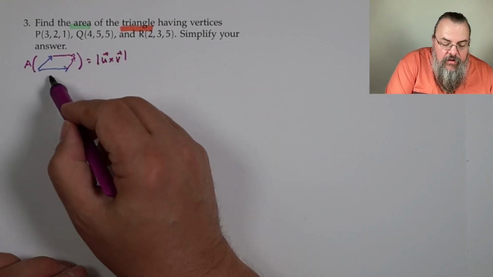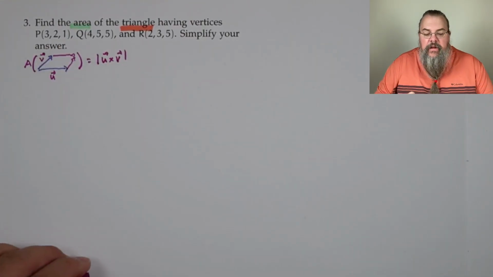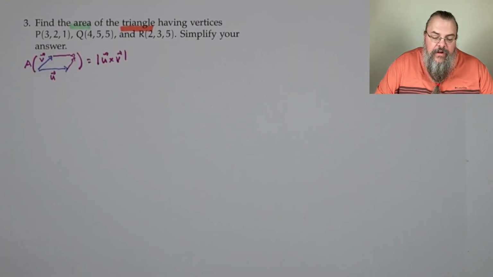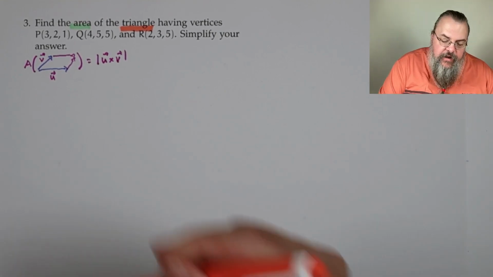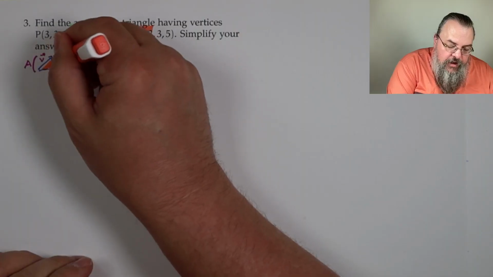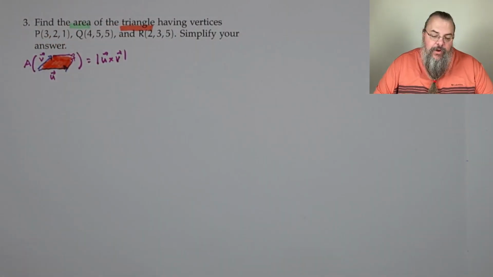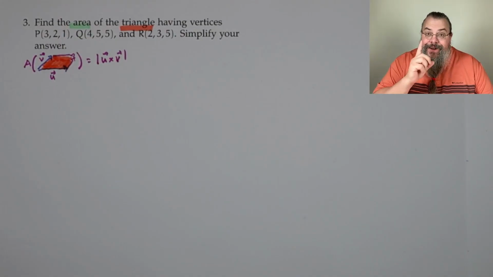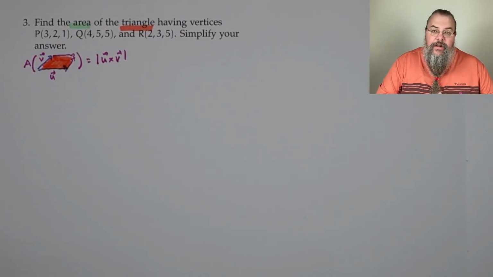So if this is our u and v, that's all great, and we can talk about areas of parallelograms, but we're not after areas of parallelograms. We're after areas of triangles. So how do we get that? Well, you can do the following.